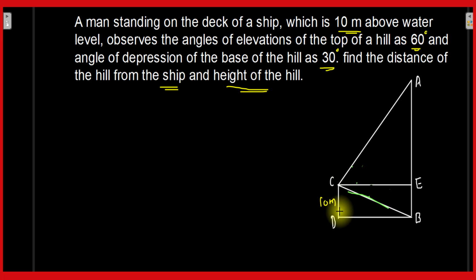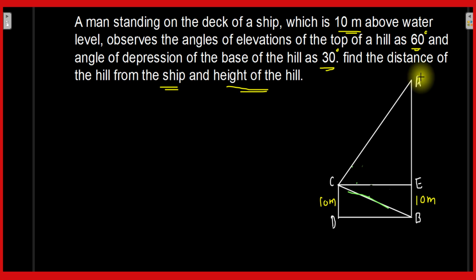Here CD is the deck of a ship and a man from the deck of the ship is observing the top of the hill. AB is the hill and B is the bottom of the hill, and it is said that the height of the deck is 10 meters, and since the height of the deck is 10 meters, BE will also be 10 meters.